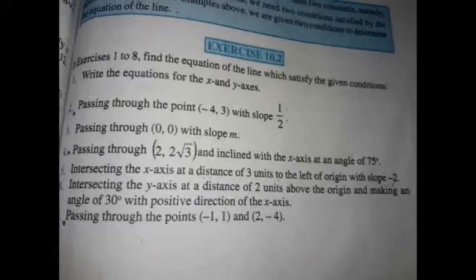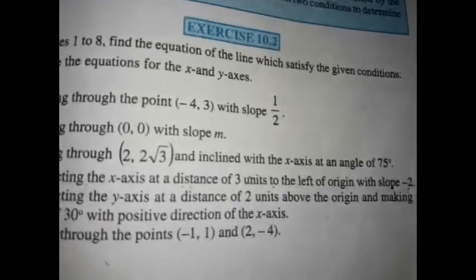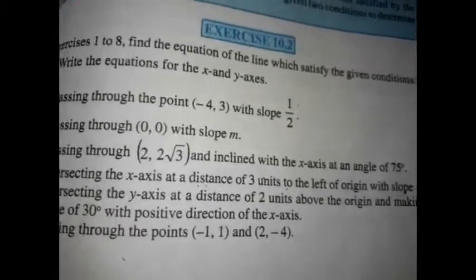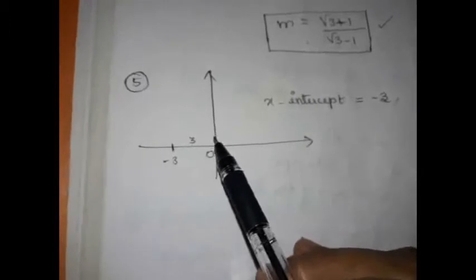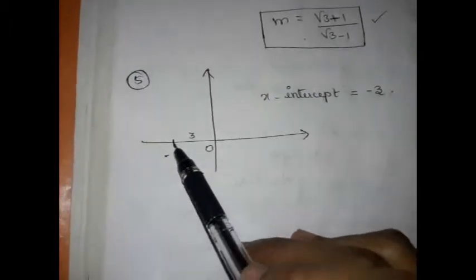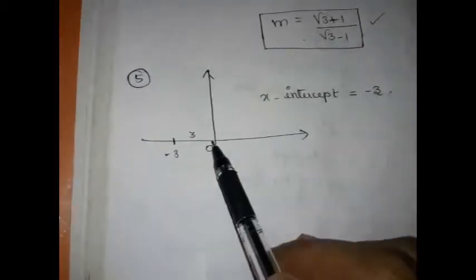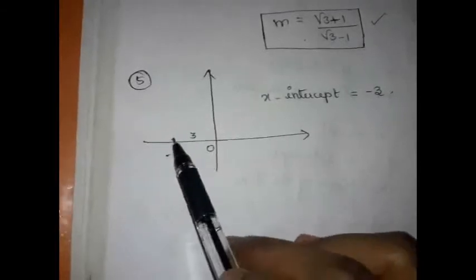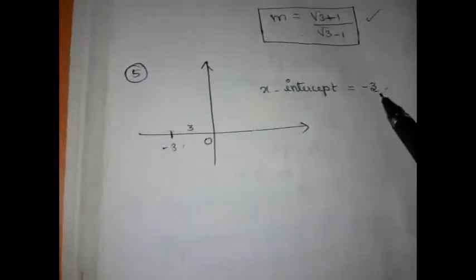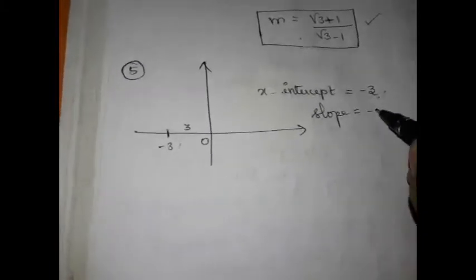When x-intercept is given, y is equal to m into x minus d. But what is that x-intercept now? It is given as 3 units to the left of origin. This is left of origin, this is right of origin. So when it is left of origin, it is going to be minus 3. So x-intercept is minus 3 and the slope is given as minus 2.